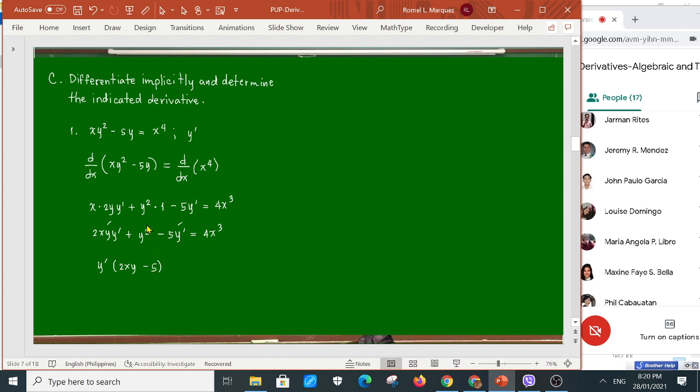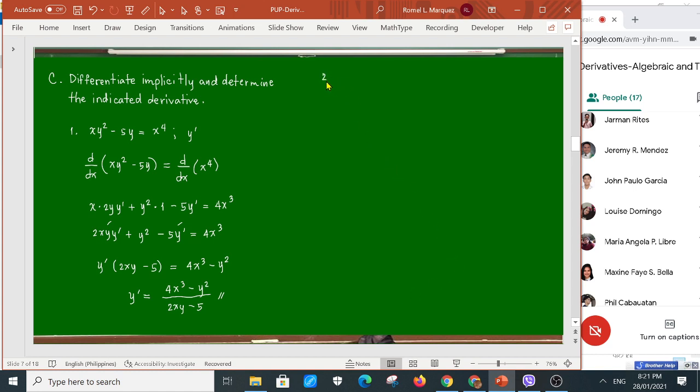Those without y prime are transposed to the right: 4x cubed minus y squared. Solving for y prime, y prime equals 4x cubed minus y squared all over 2xy minus 5. That's y prime. Okay, guys?